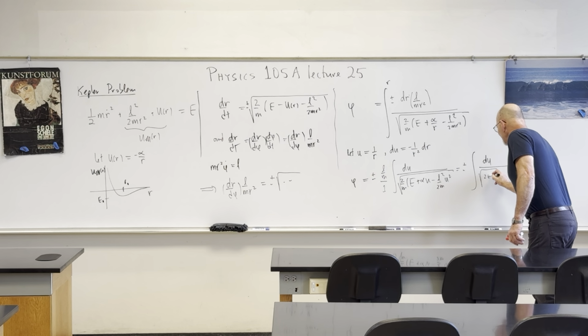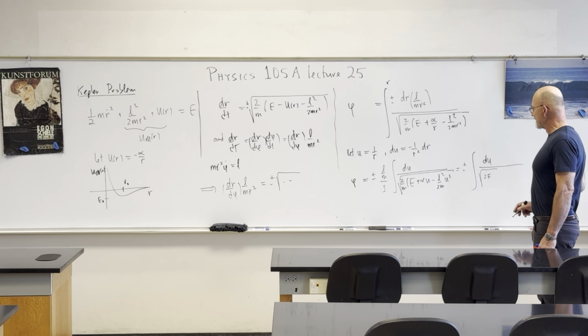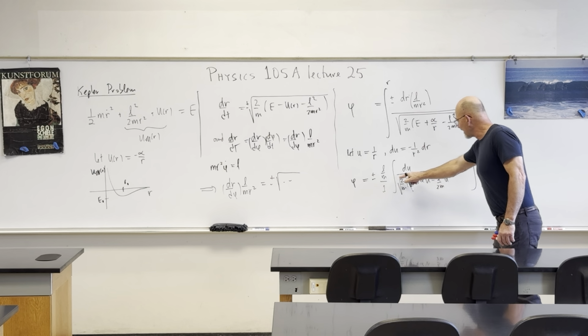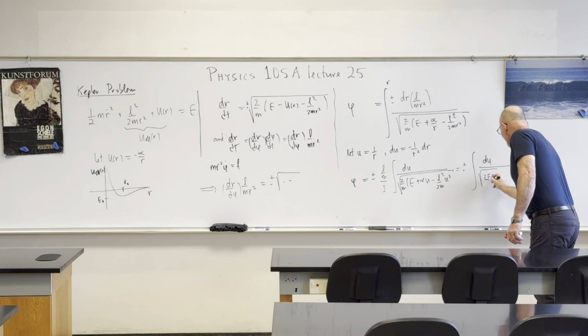So I'll have under the square root 2E m, because that m squared is one of those, over L squared, plus alpha, this is alpha 2 over m squared over L squared, so we have 2 alpha m over L squared, times u.